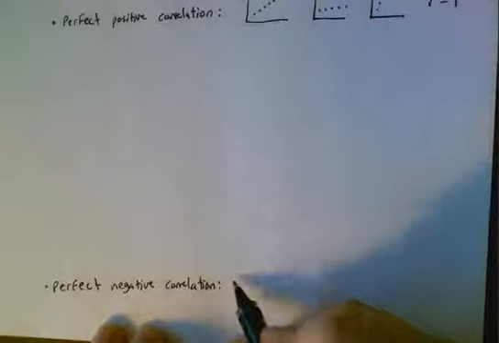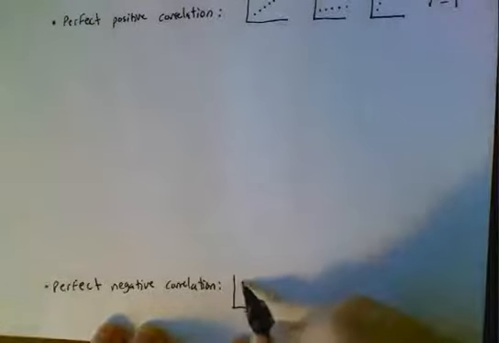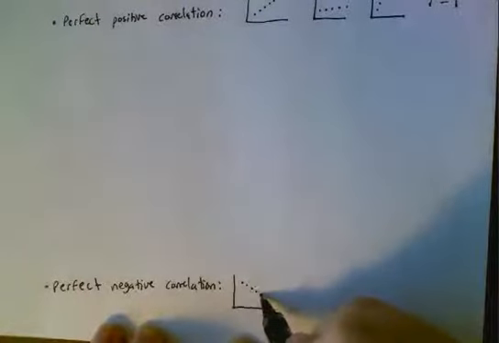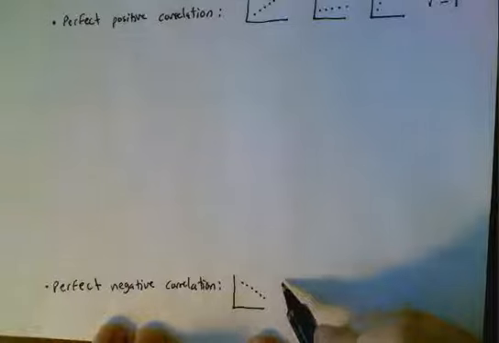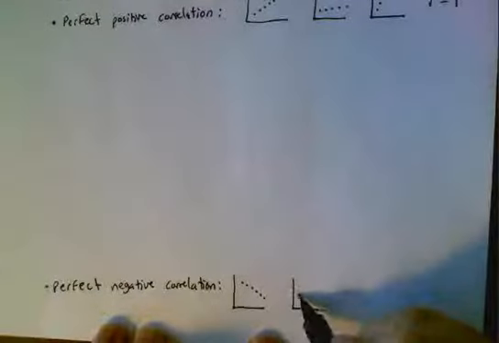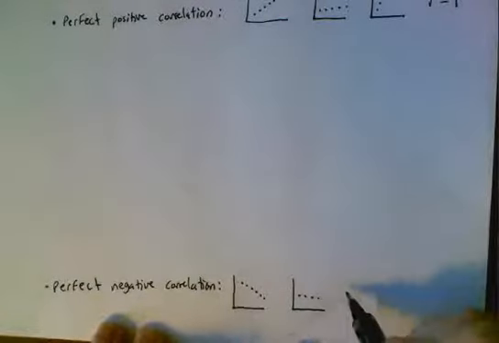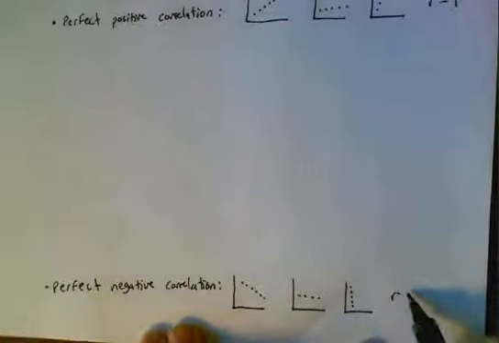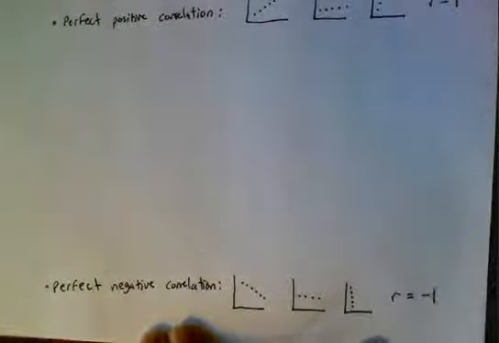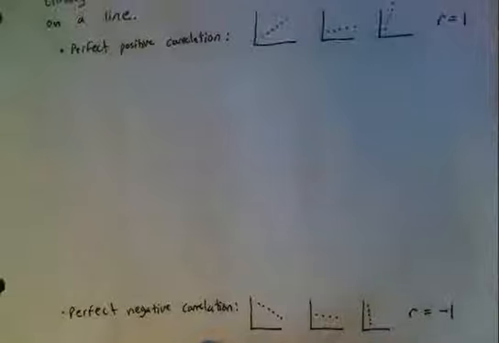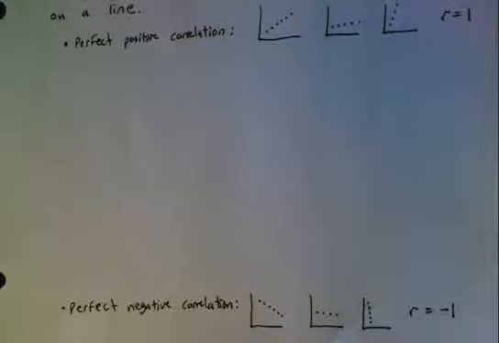Here, in a perfect negative correlation, they're exactly in a line, but they're going downward. And again, that can be either a steep slope or a shallow slope, as long as it's a negative slope. The correlation coefficient in that case equals -1.